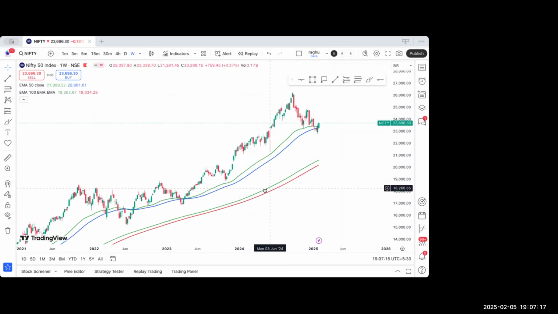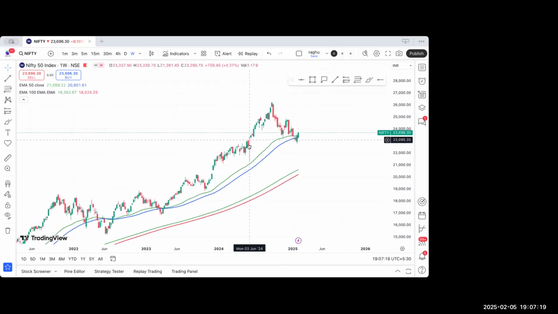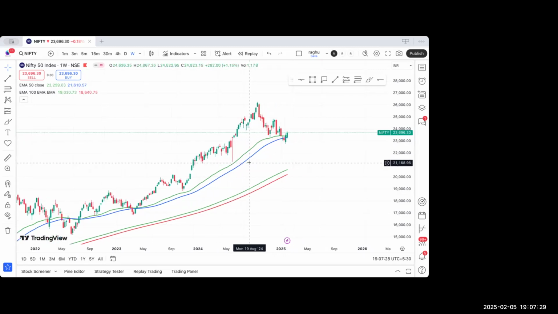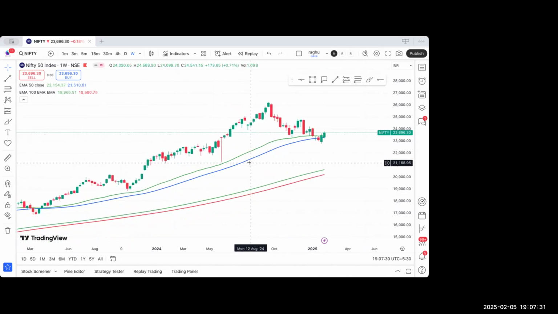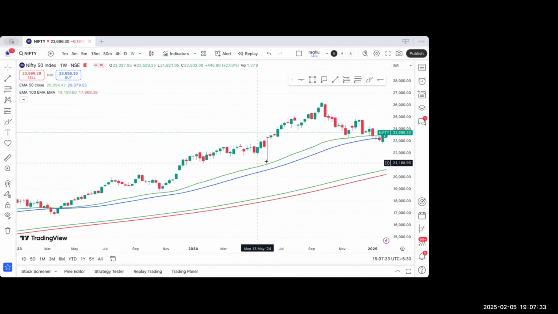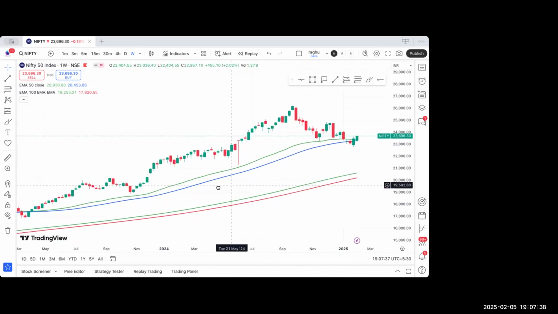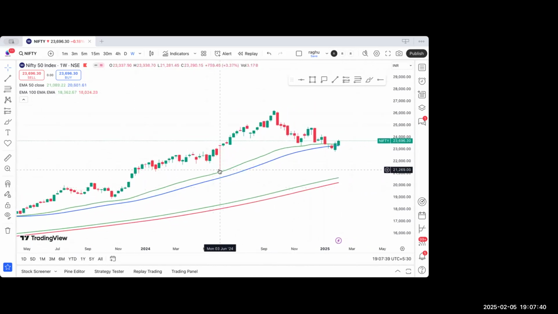Even on election results day, this drop came on 3rd June, 4th June was the election results. Exactly, the index retested the EMA and took it as support, which is moving average 50. So there was no panic and nothing happened.